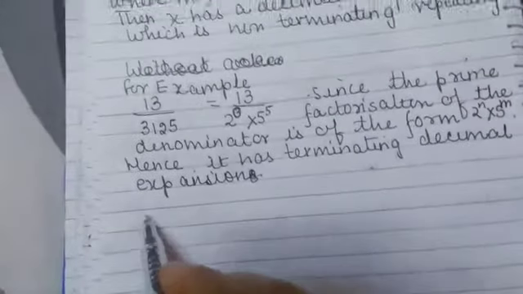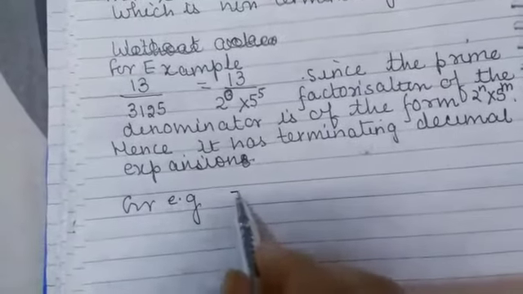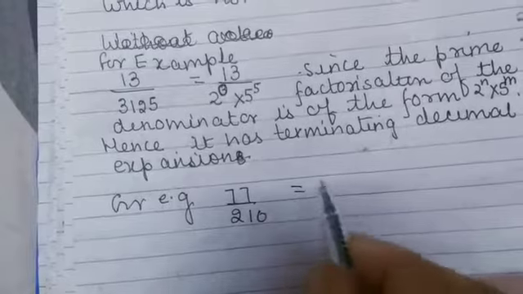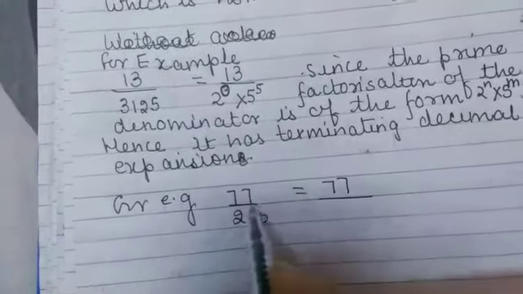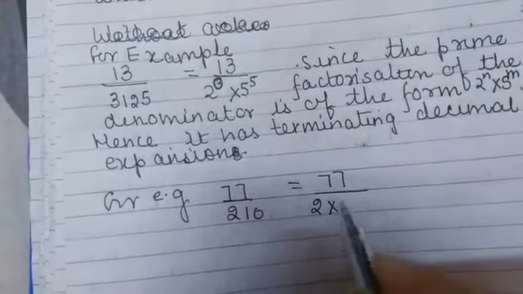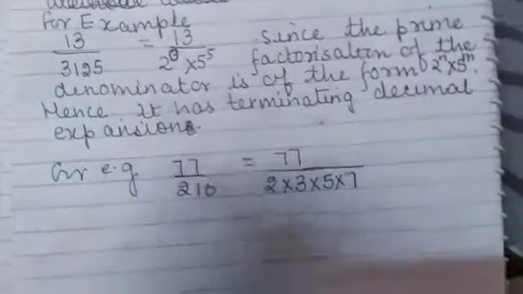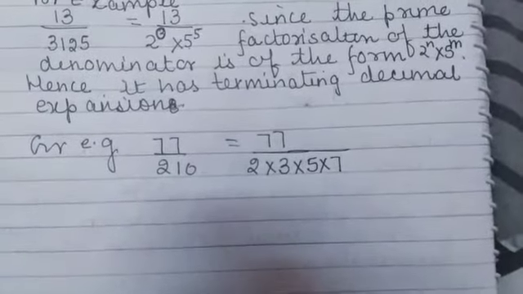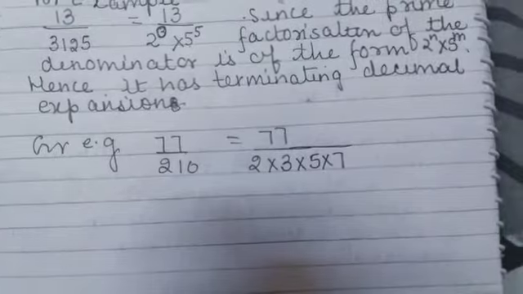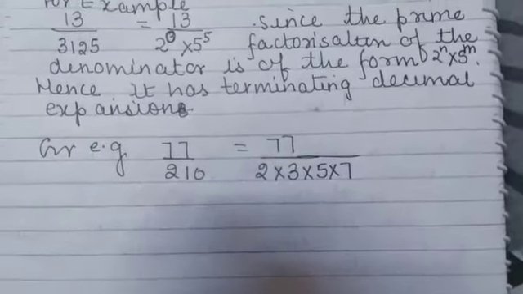Now, let me take a second example. It is 77 upon 210. So you know it will be 77 upon the prime factorization of 210. So it is 2 into 3 into 5 into 7. Beta, whenever you are writing a prime factorization, please write it in ascending order. Start with 2, then 3, then 5, 7.